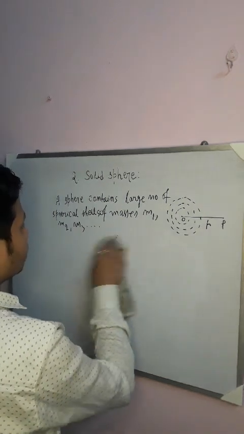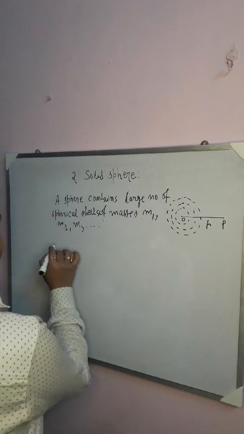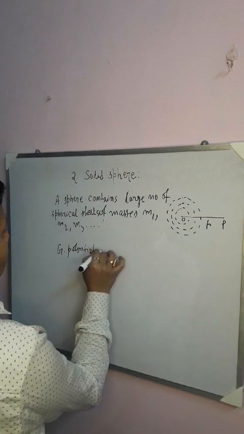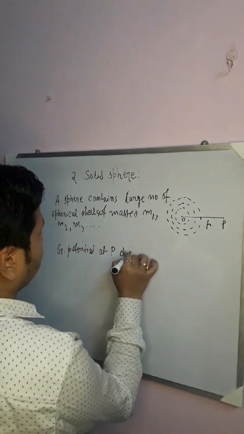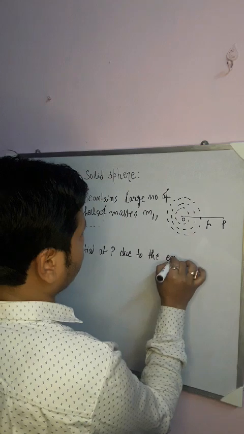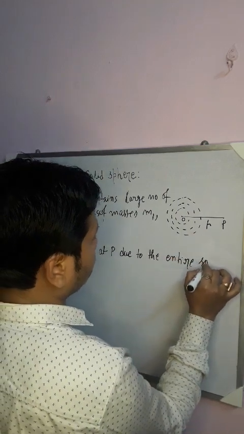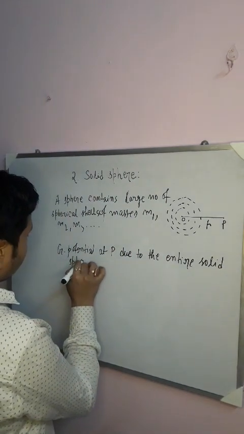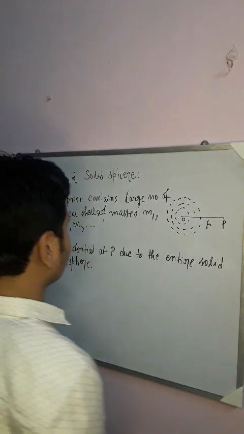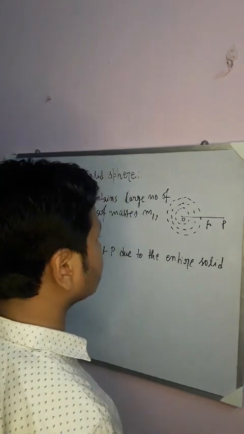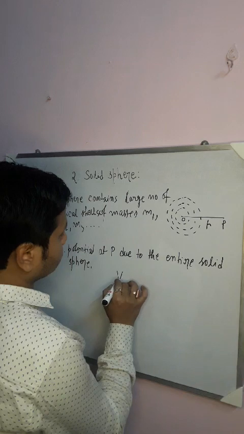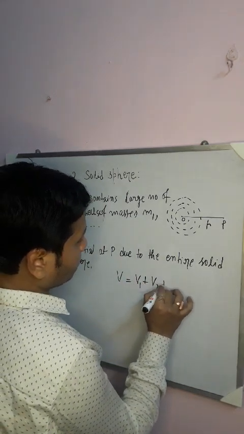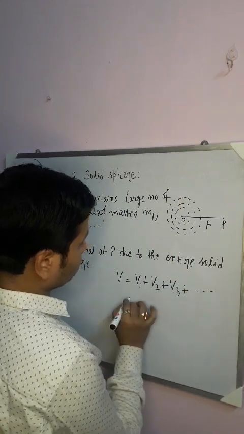So what can we write? Gravitational potential at P due to the entire solid sphere. If you call it V, then we can write V1 plus V2 plus V3 and so on.